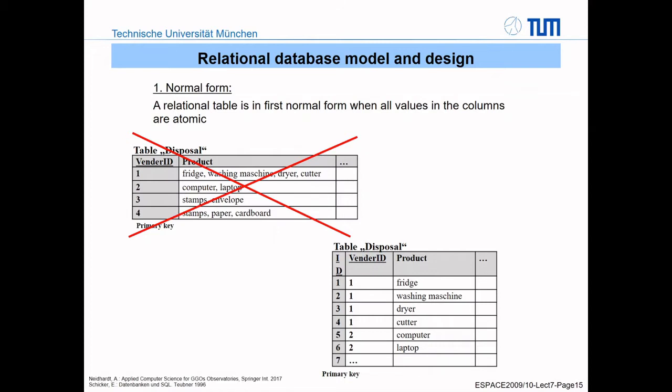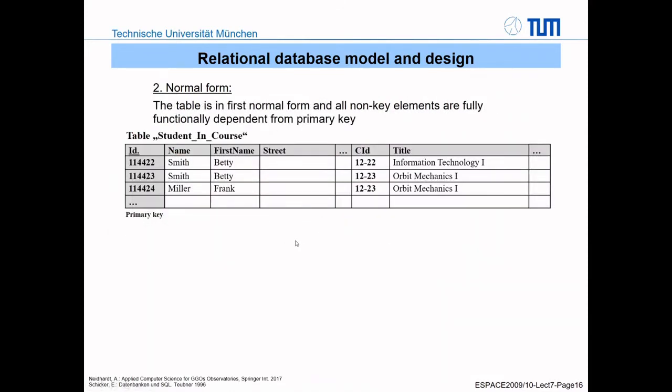If you do this step, you have already a huge jump in reducing redundancy. So if you have a list with atomic elements, this is the first normal form. The second normal form is that the table must be in first normal form, of course. So it's a nested set of normal forms. And all non-key elements are fully functionally dependent on the primary key.